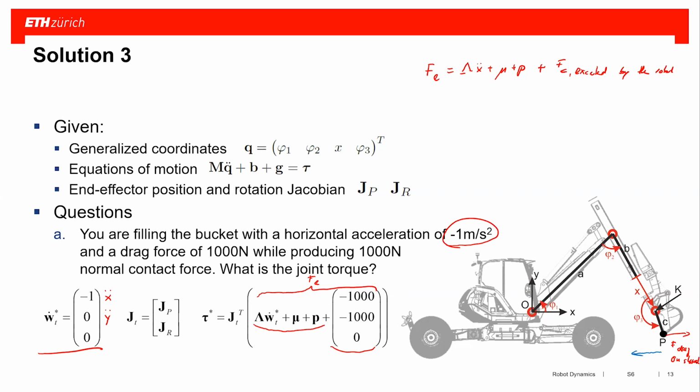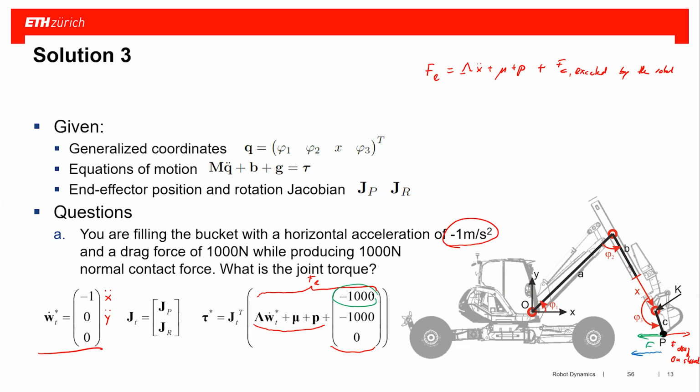So what the robot has to produce is the counter force to balance that thing. It has to produce this force here. So minus 1000 Newton. This is how you can, again, figure out what is the right sign for it.